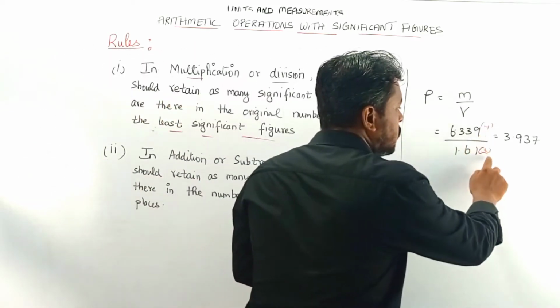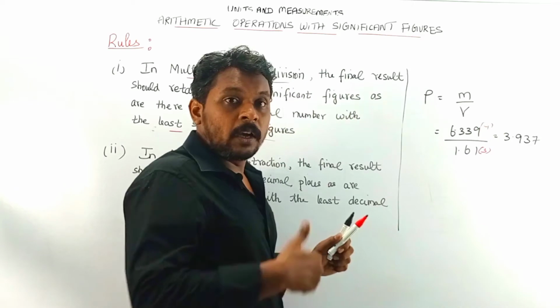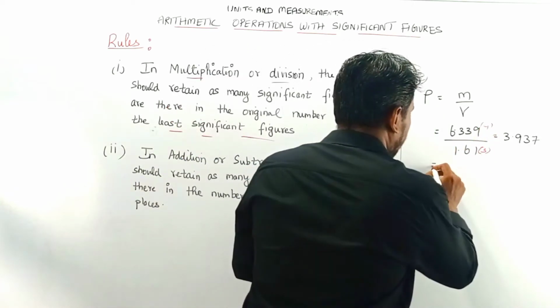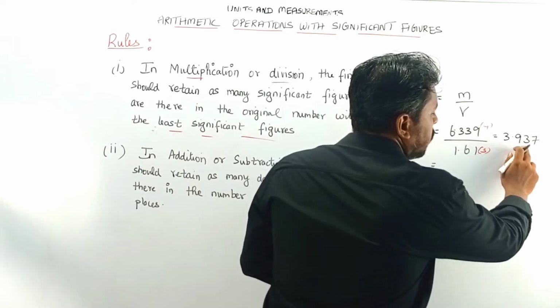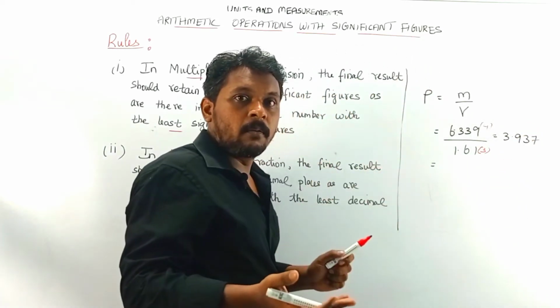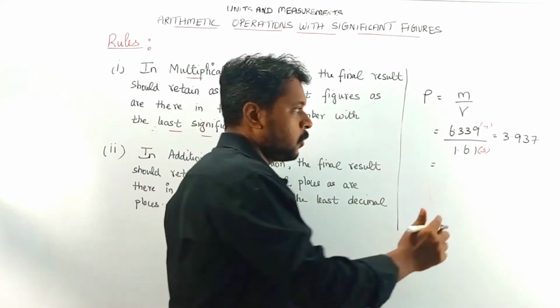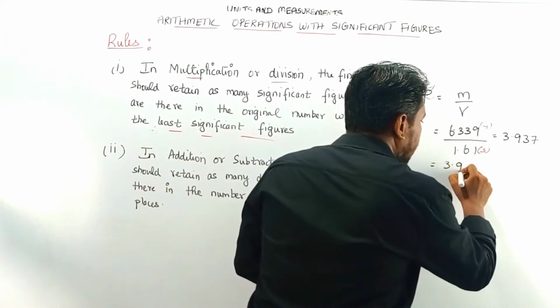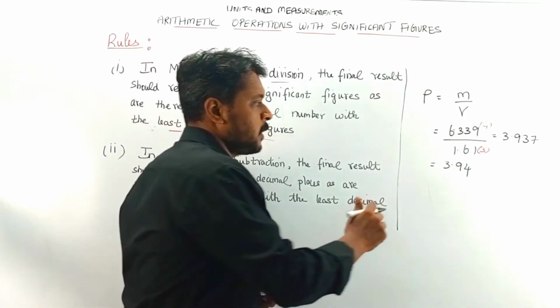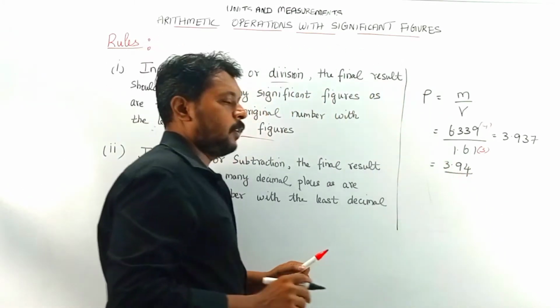Among the two, 3 is the least, so I have to write the result with 3 significant figures. The third digit is followed by 7, which is more than 5, so I have to round off. The answer will be 3.94. This is the final result up to 3 significant figures.